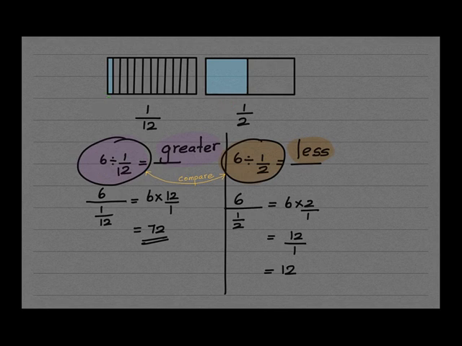So that is why when you divide 6 with 1/12, the answer is greater, and the same 6 when divided by half, the value is less, because the size of half is bigger and here the size of 1/12 is smaller.